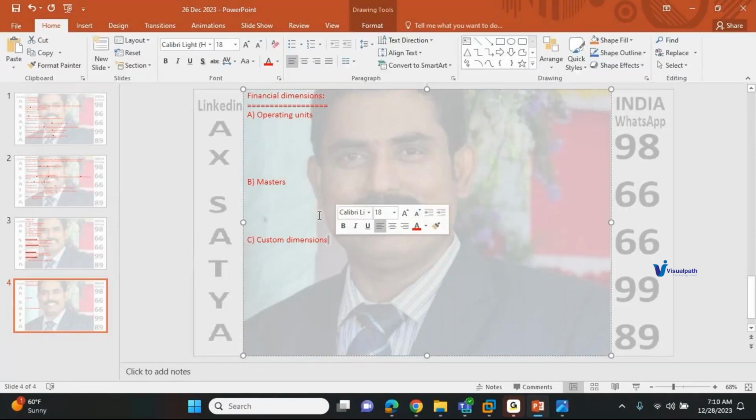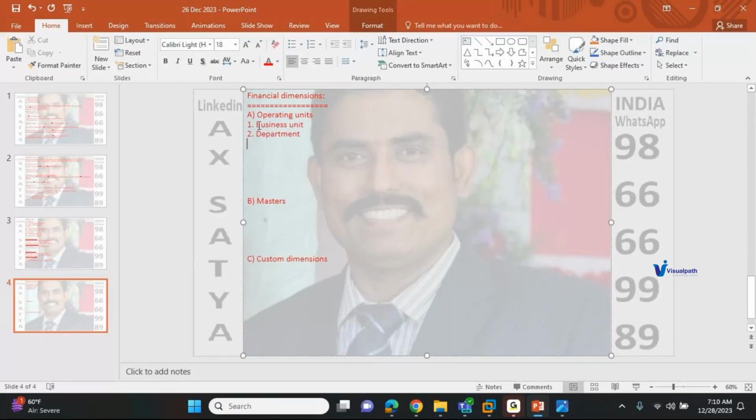Operating units means business unit, department, cost center, value stream, and retail channel.